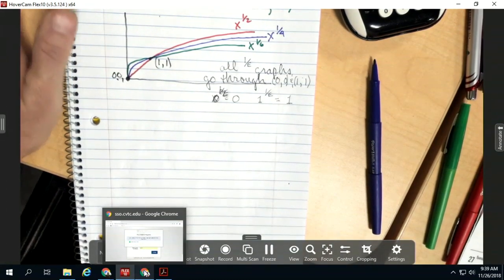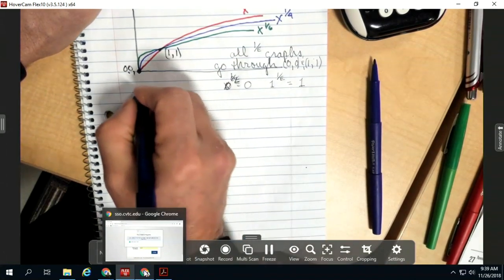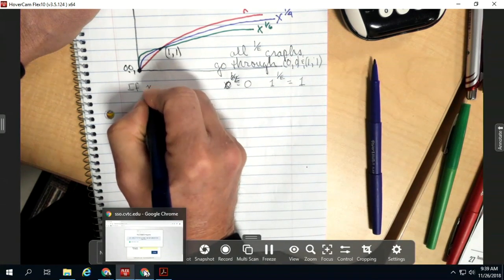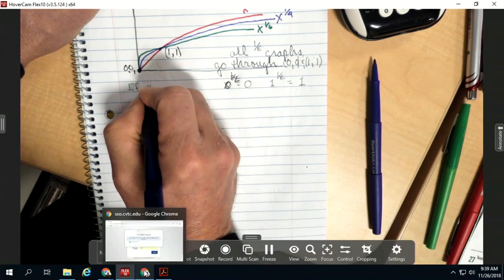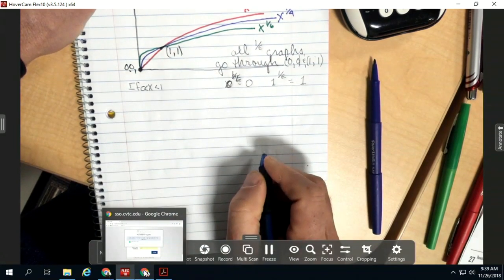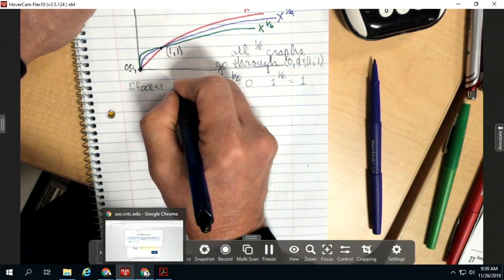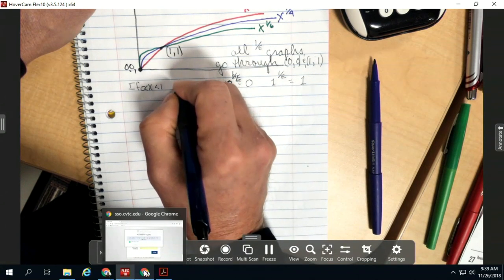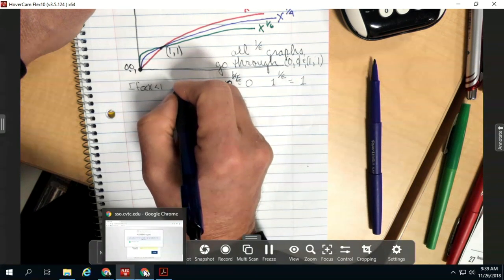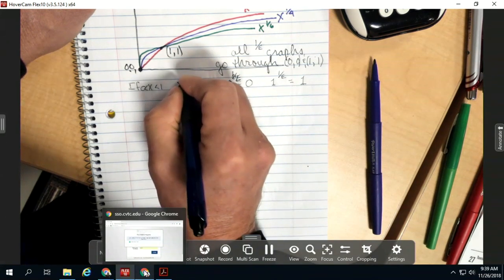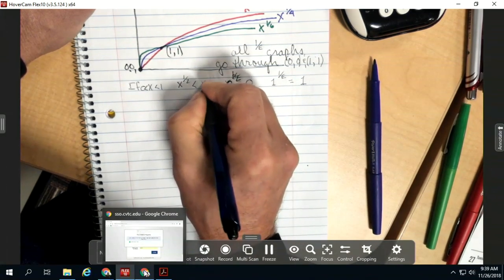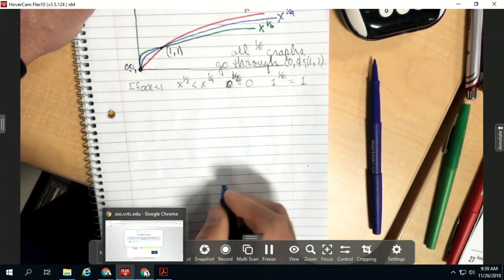What other things do you notice? If x is between 0 and 1, x to the 1/2 is less than x to the 1/4.